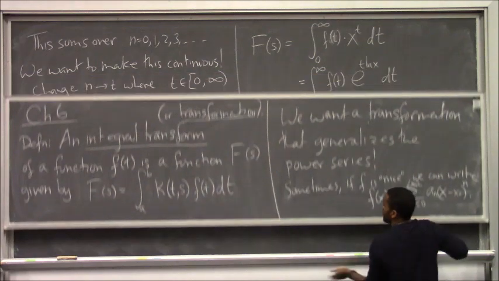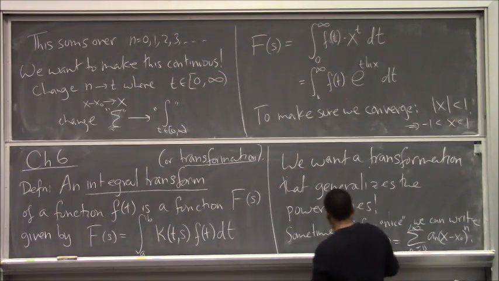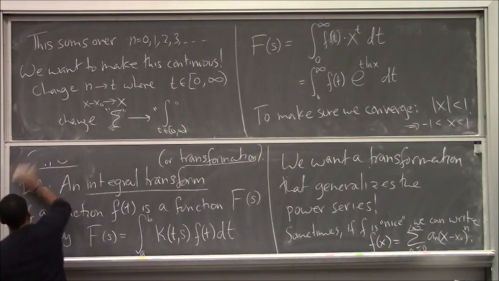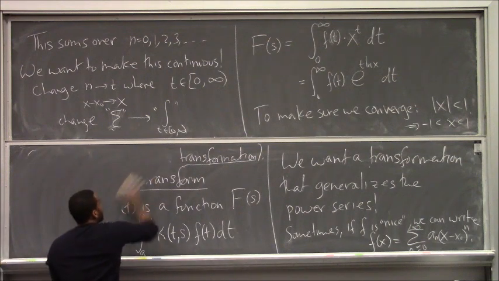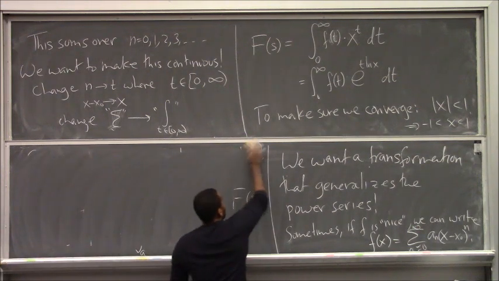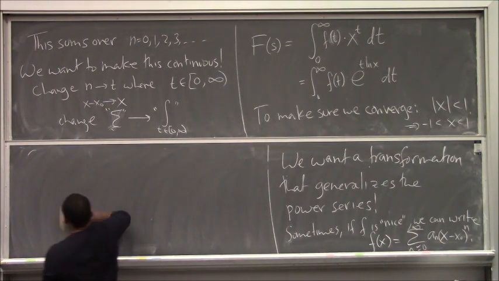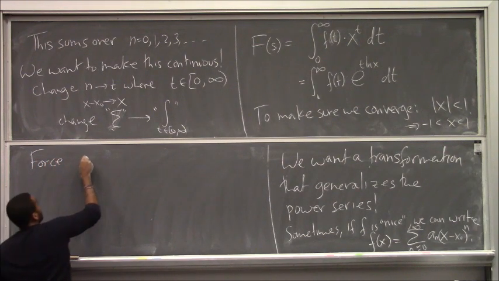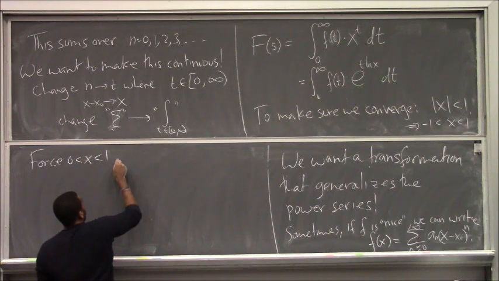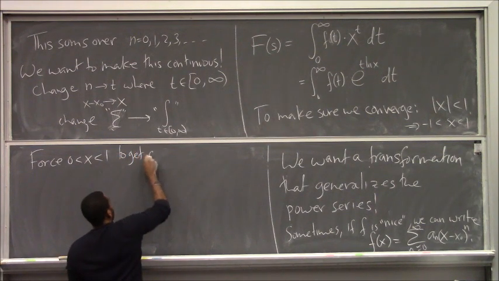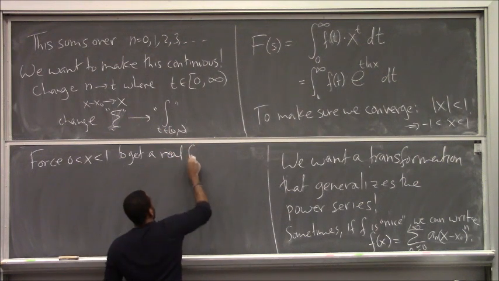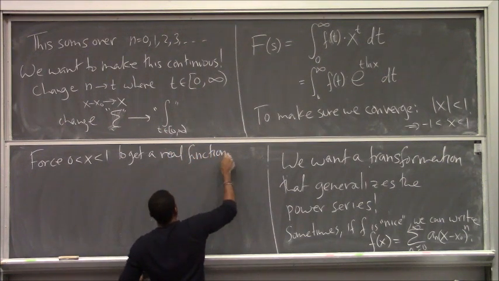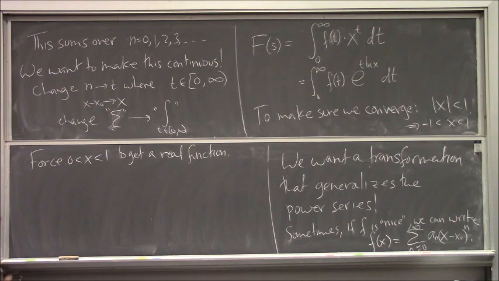Then I can add some other stipulations here to make sure that we always get a real function, because technically I can plug a negative into the log and I get a complex function. But on top of that, force x to be greater than 0, less than 1, to get a real function, as in a real-valued function, as opposed to a complex-valued function.